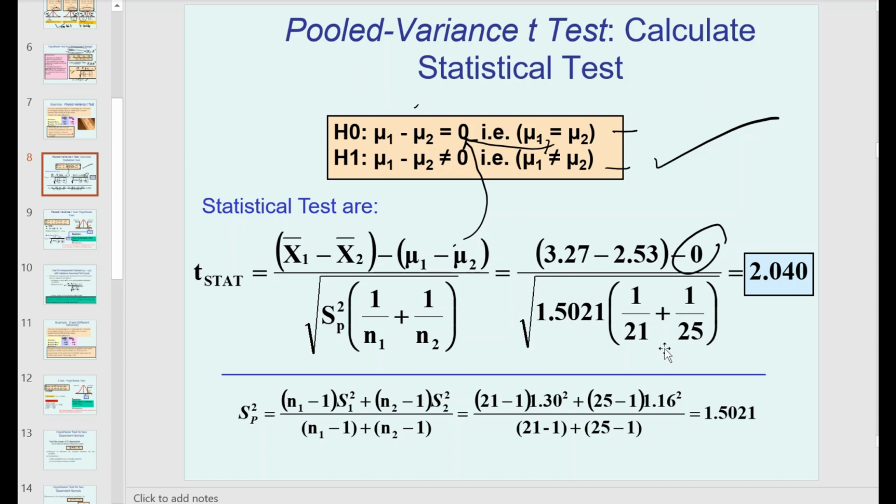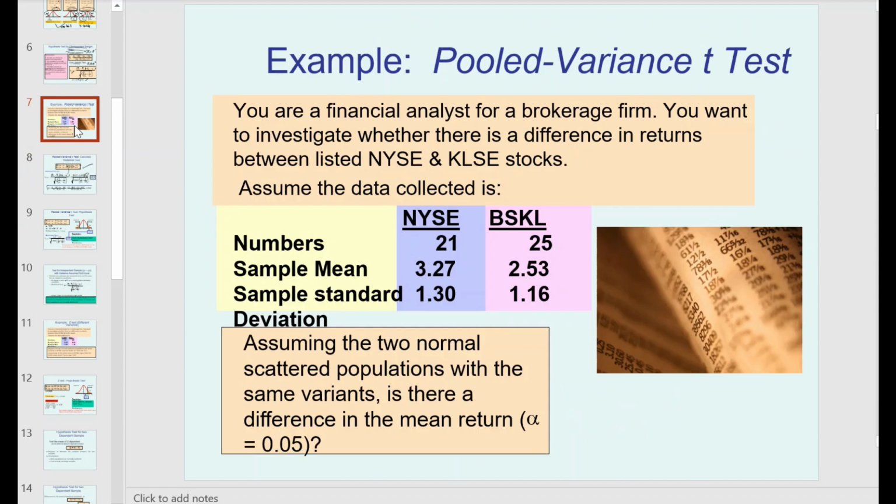And then for this S here, it is 1.5021. So how do we get the value of this Sp2? You need to do some other calculations. We put here N1 minus 1, which refers to sample 1, and we take this 1.30 from the sample standard deviation of NYSE.